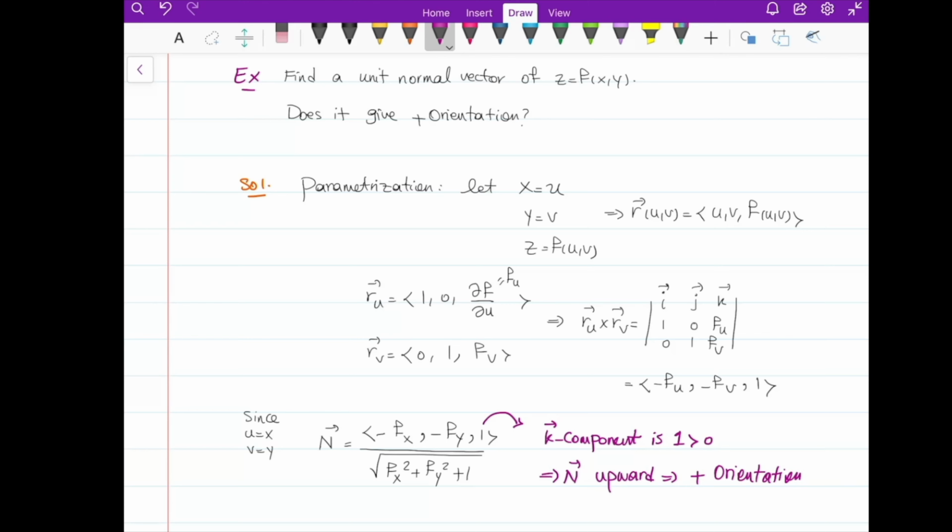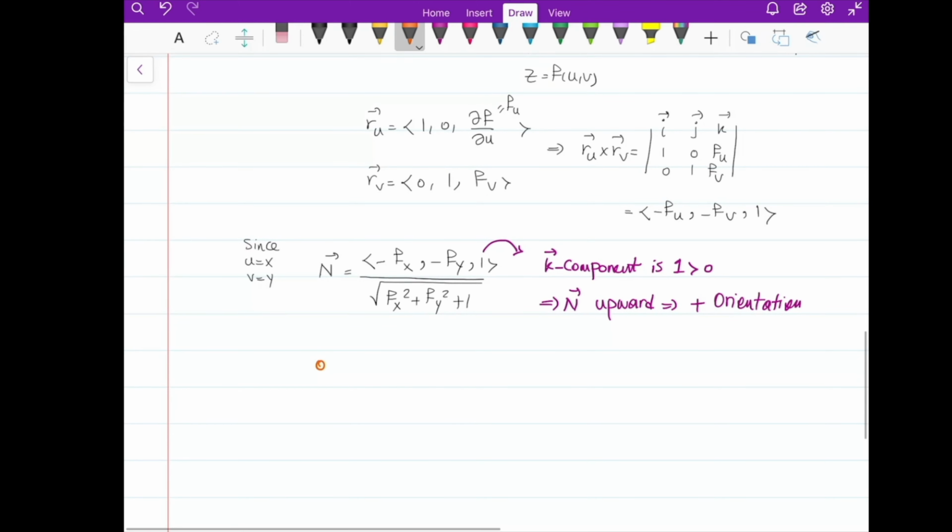Okay. Let me give you just one observation in here. Observe that I can write this as z minus f of x and y equals 0. And so in that case, the normal vector would be basically the gradient of g, if I call it a function g.